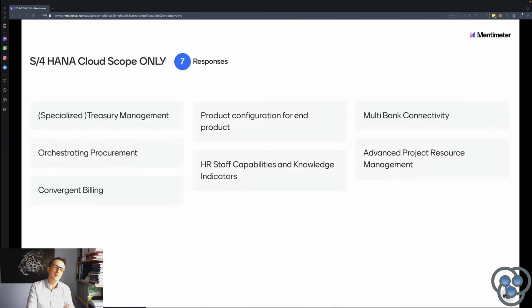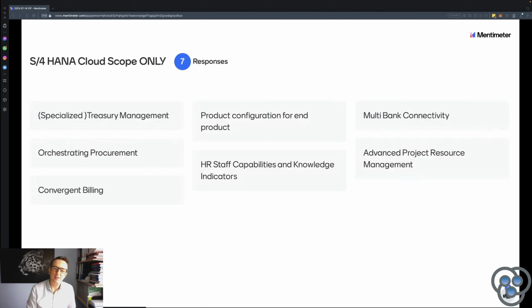So somebody said specialized treasury management. Yeah, that's right. Product configuration for end product. It's also right. Multi-bank connectivity. Orchestrating procurement. Yeah, that's right. HR staff capabilities and knowledge indicators. That is for project planning important.